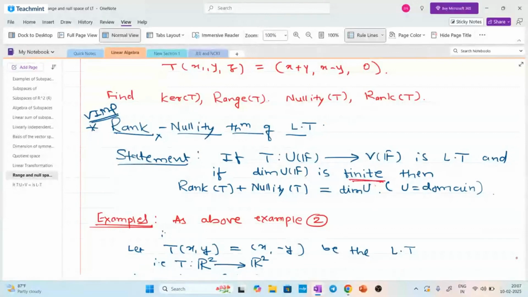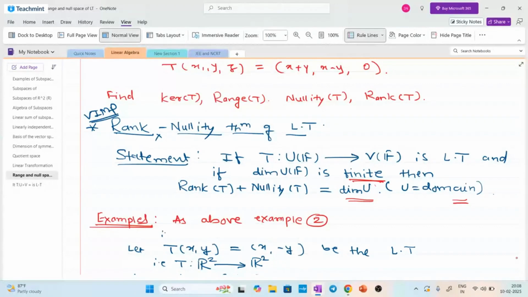Then rank of T plus nullity of T is equal to the dimension of the domain, not the codomain. The rank of the linear transformation plus the nullity of T should be equal to the dimension of the domain vector space. When you add rank and nullity, that is equal to the dimension of the domain of T.